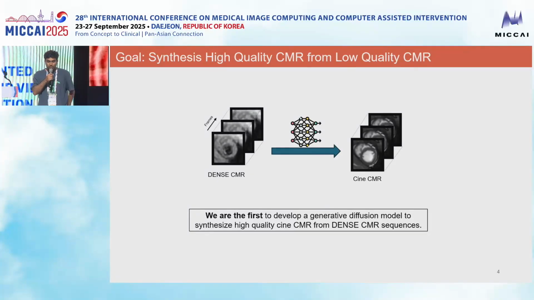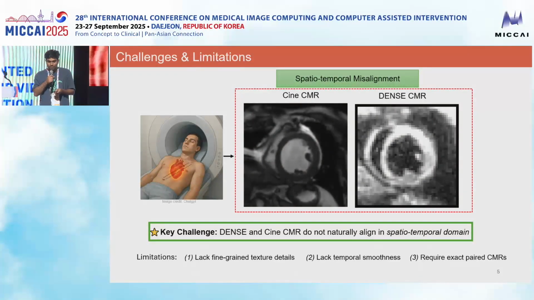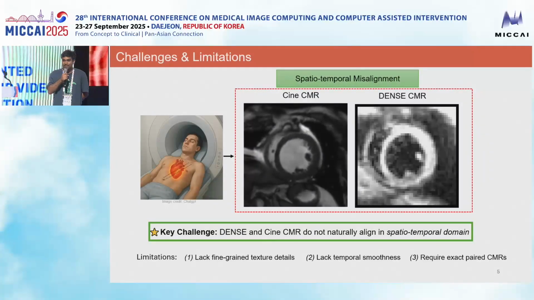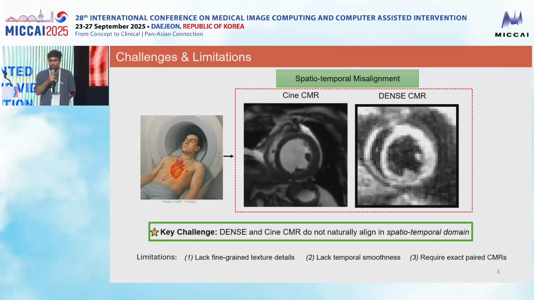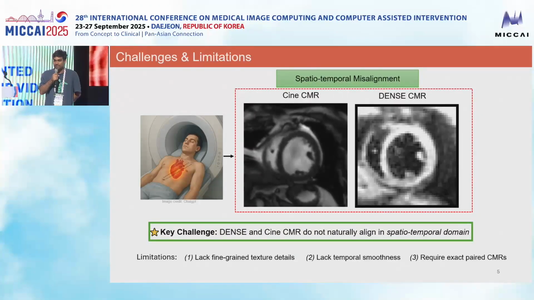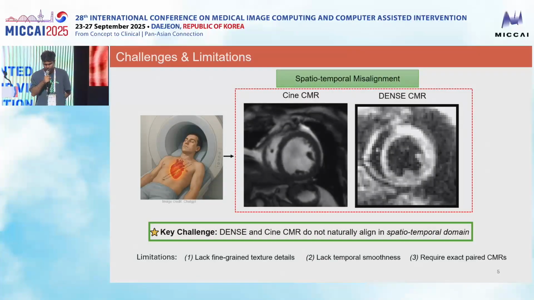In this work, our goal is to synthesize good quality, or cine-like, CMR texture information from low-quality DENSE CMR images. But this has its own challenges. The first one is that if you collect cine and DENSE CMR videos from the same subject, you can see that cine and DENSE CMR have different spatial and temporal resolutions.